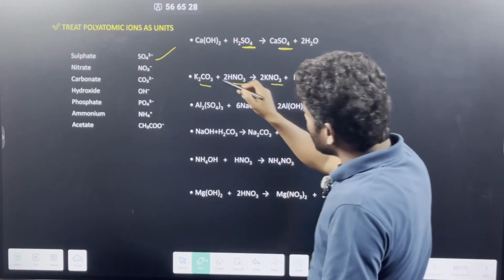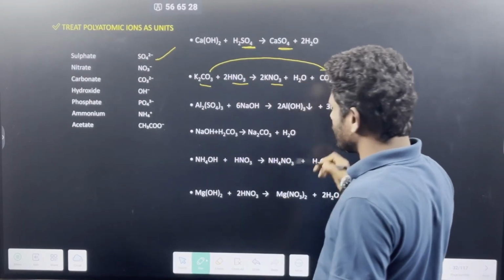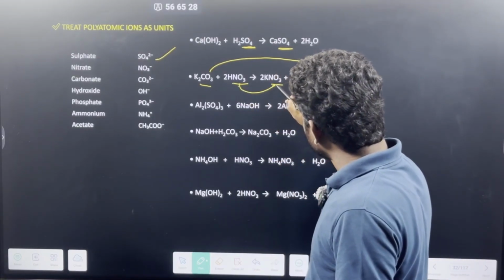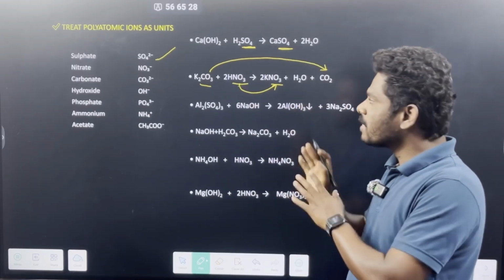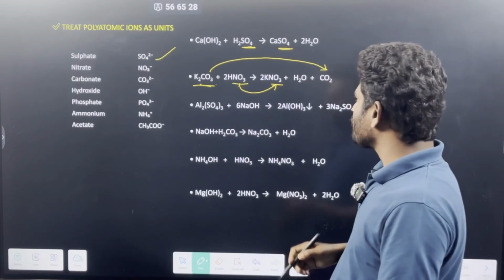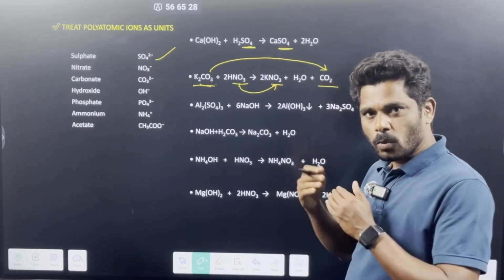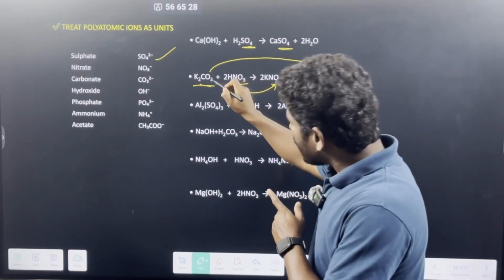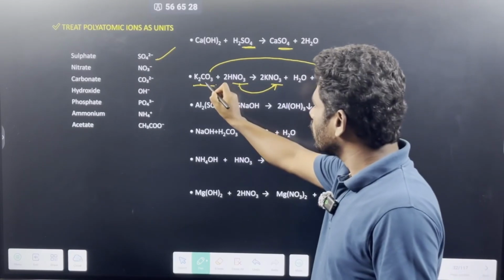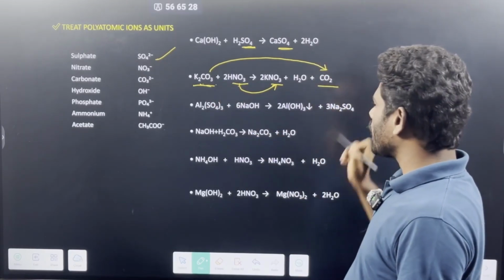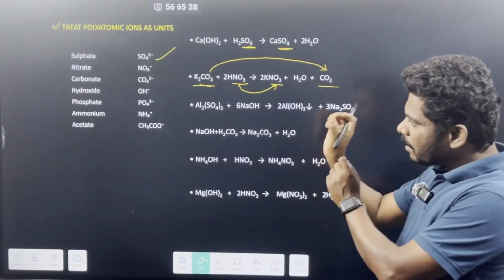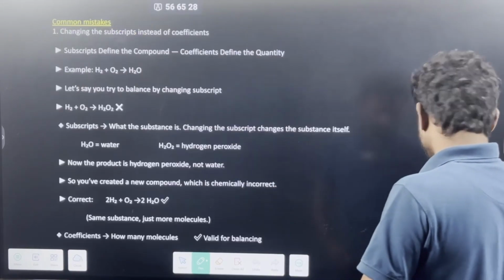So in this equation, carbonate cannot be considered. Nitrate can be considered. Why? Because the nitrate on the reactant side is carried forward to the product side as it is. Whereas here the carbonate in the form of CO3 changed into carbon dioxide when it comes to the product side. So that's why in this equation, you can treat the nitrate polyatomic ion as a single unit, but you cannot treat the CO3 because there is no CO3 on the right side. In such a way, look at the different kinds of polyatomic ions, treat them as a single unit, and you can balance the equation easily.